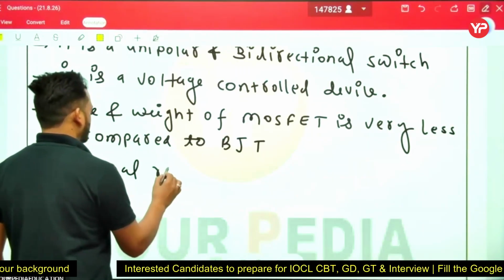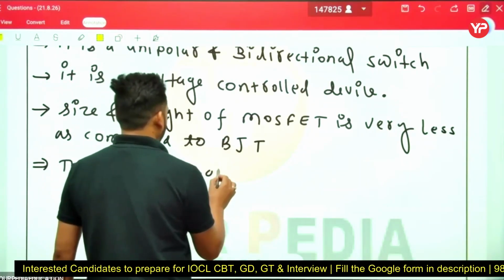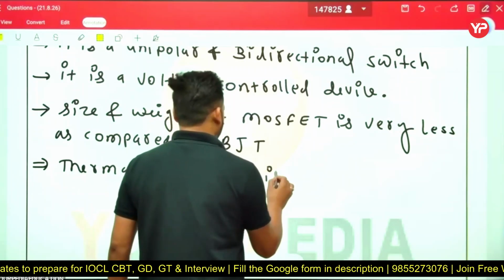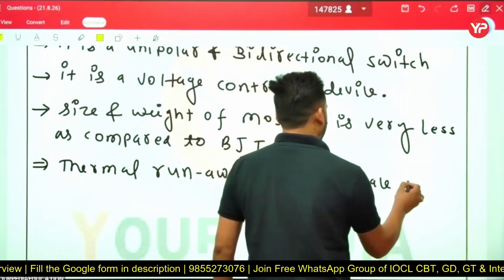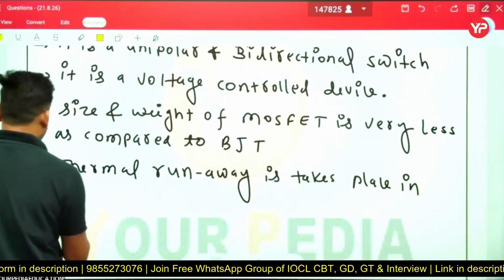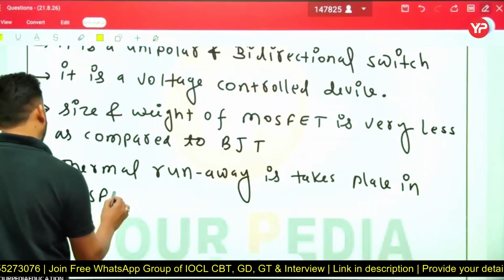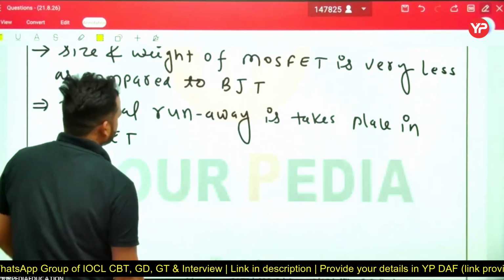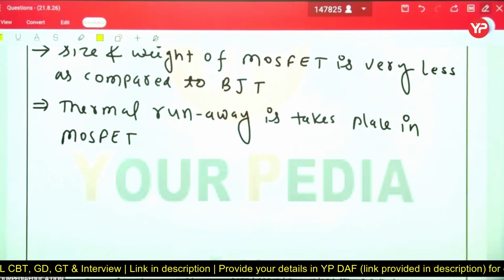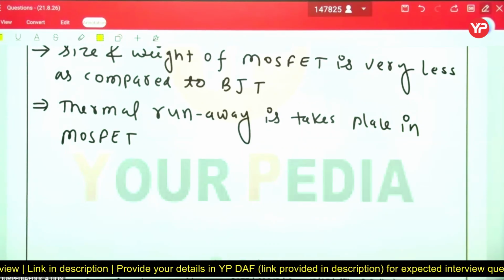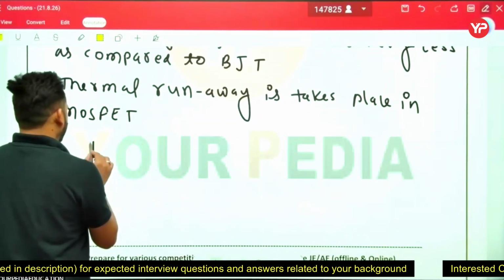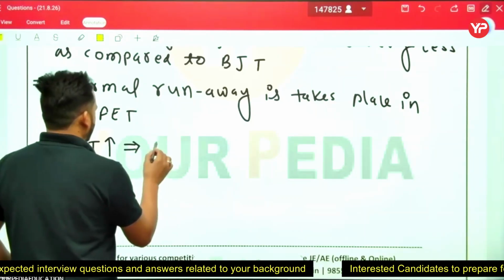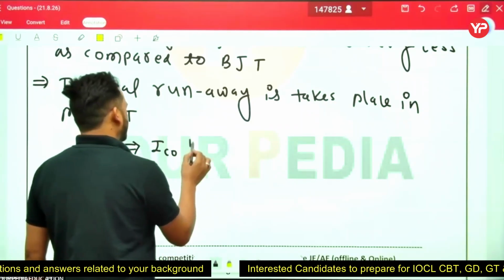Next, thermal runaway does not take place in MOSFET. Tell me, what is thermal runaway? Anyone know? Any idea, Shreya? See, beta, when we increase the temperature, then leakage current I_CO increases.